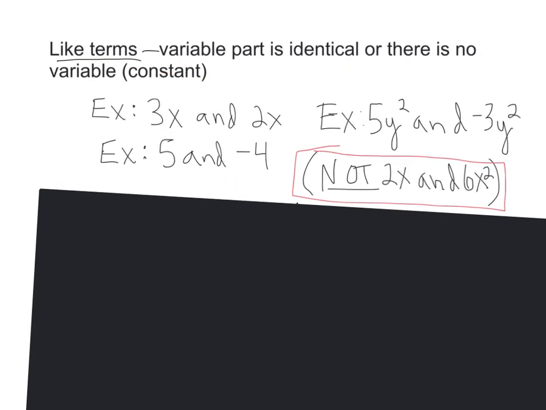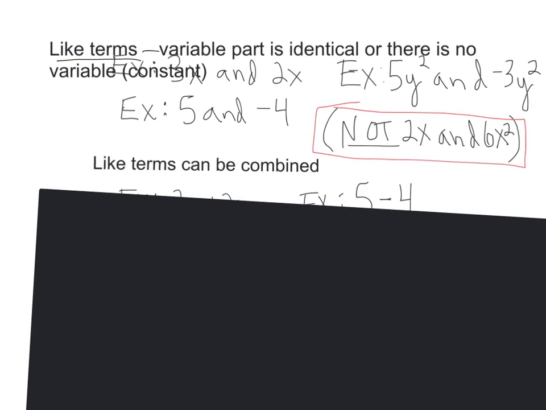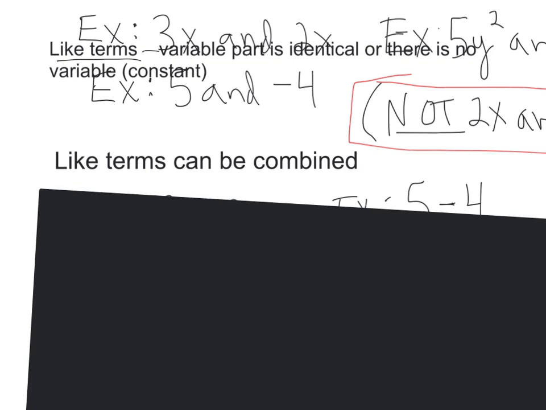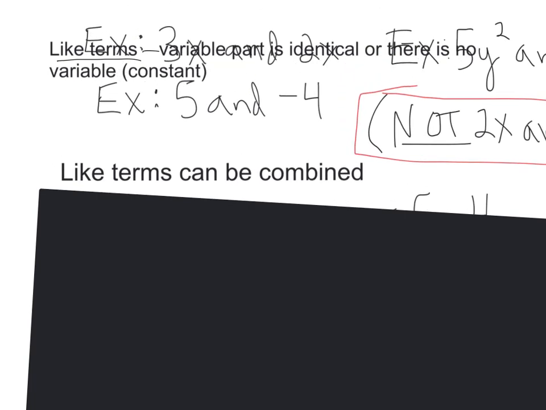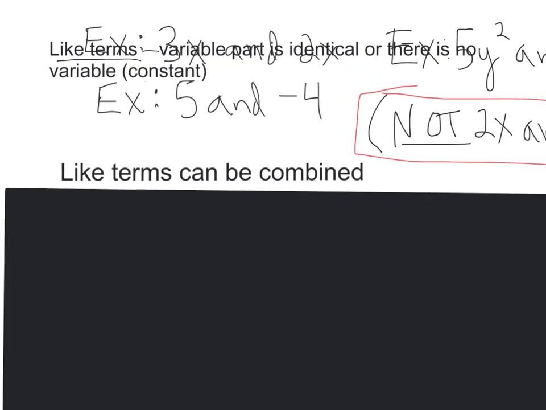And you might wonder, why do we care about like terms? The reason we care about like terms is because like terms can be combined. One of the things we're going to be asked to do is to try to simplify expressions, and one way of simplifying expressions is by combining like terms.